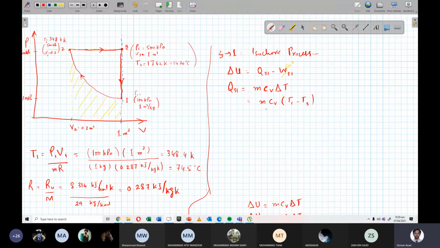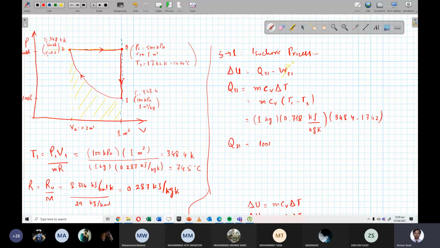By the way, recall के work done तो 0 ही था. जो heat transfer है, that is 1 kilogram multiplied by 0.718 value of CV, kilojoules per kg, multiplied by the temperature difference T1 minus T3, जो कि 348.4 minus 1742 है, which is actually equal to जो हमने पहली वाली वैल्यू कैलकुलेट की थी ना, 1001 or something.